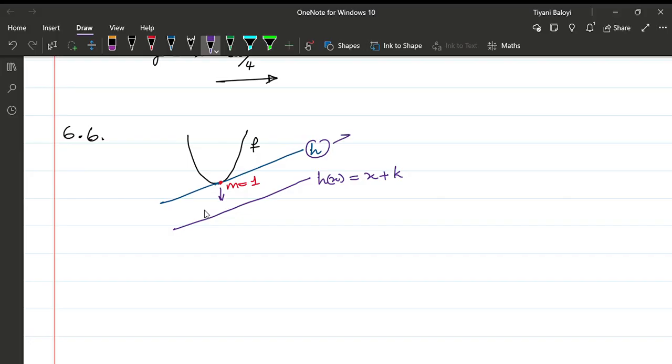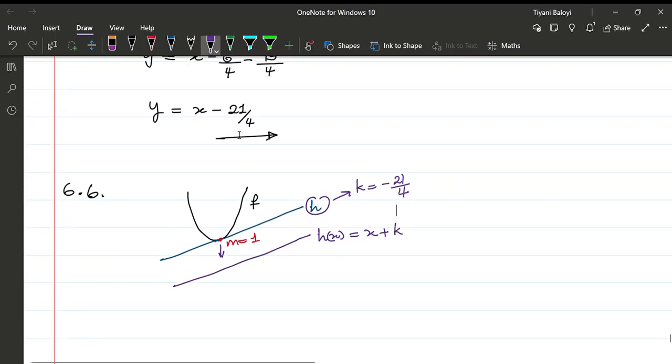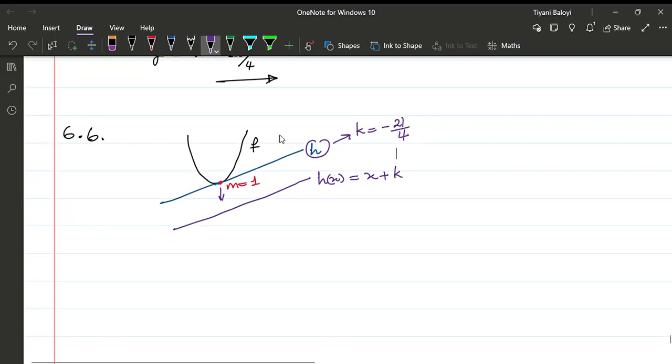We know, for example, here, we know what the k was for this one. What was k? K is equal to minus 21 over 4, right? This is our k here, where our line was touching the graph. If we have values of k that are less than minus 21 over 4, so these are values that are more negative, right?